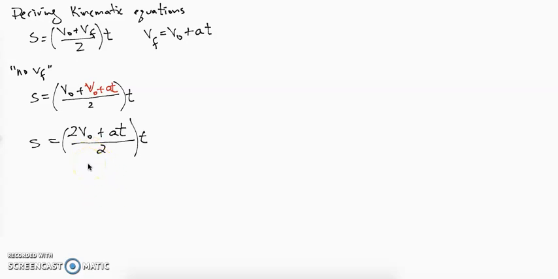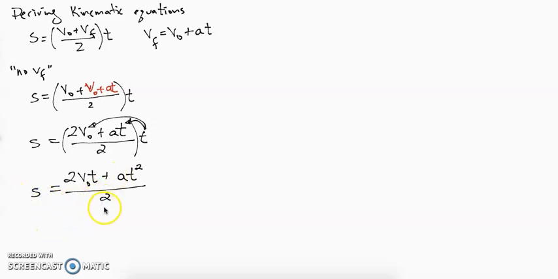Now, another thing we can do to help clean this up is to distribute this T to both terms. So we're going to have 2 VO times T plus A, and we'll have a T times a T, so that'll be a T squared, and all of that is over 2. And the S goes along for the ride.